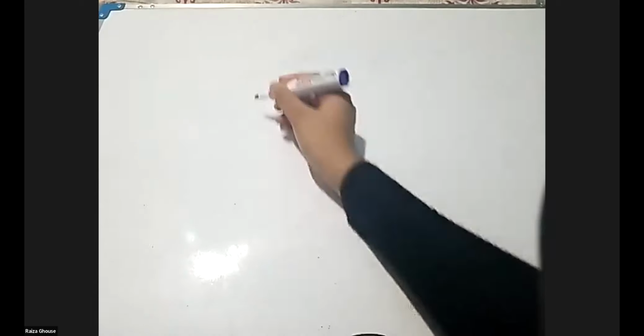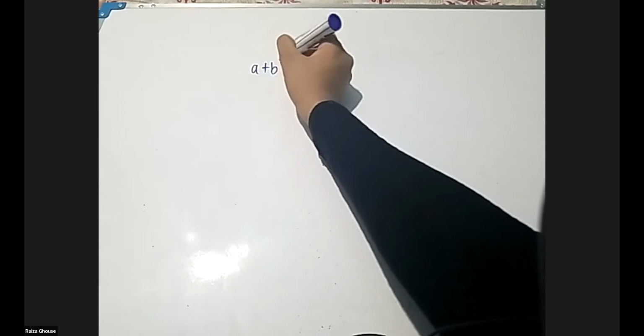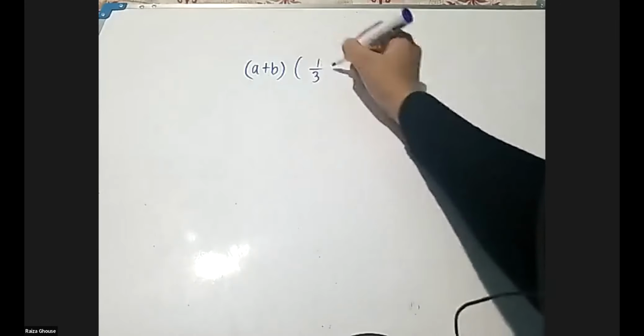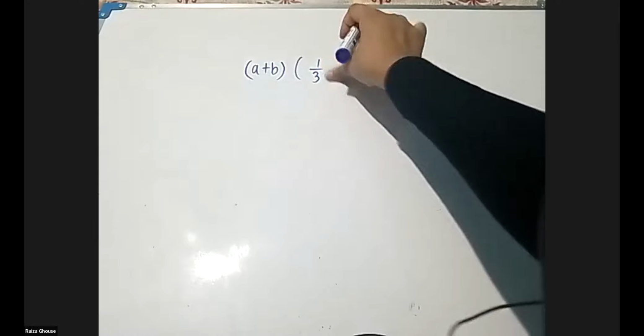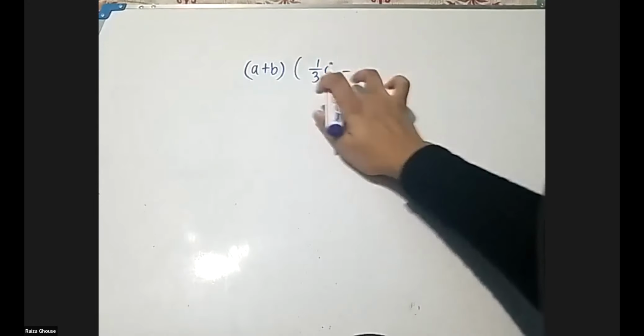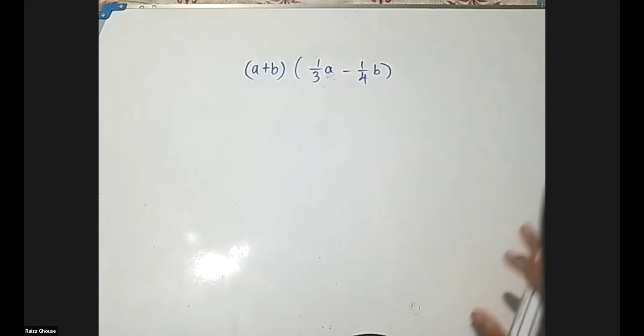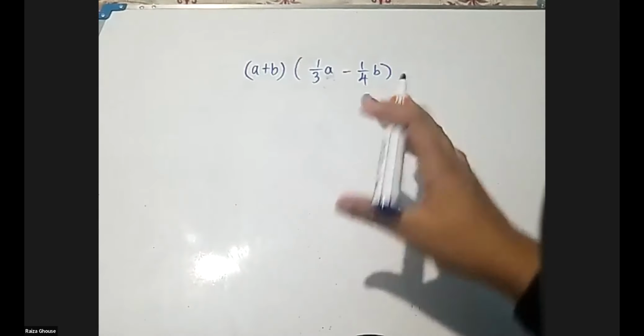Okay, now look at the board. I'm going to take a fraction. Look at the board only. A plus B. This is just an expression. Now I'm taking another expression with a fraction, A over 3 minus 1 over 4B, right? Now listen, I'm taking this one a little outside to show how you do this.